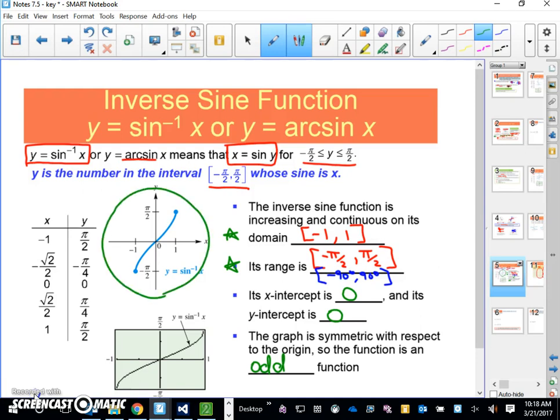We won't really have to do anything with the graph, but what we can notice is the x values, the domain, between negative 1 and 1, and then the y values, or the range, between negative pi over 2 and positive pi over 2, so we can see that domain and range inside that graph. But we don't really have to graph anything. You're going to need to understand that domain is negative 1 to 1 and range is from negative pi over 2 to positive pi over 2.